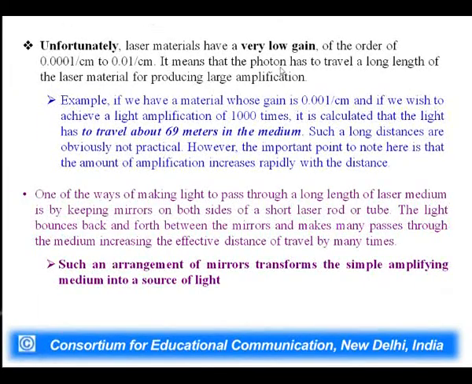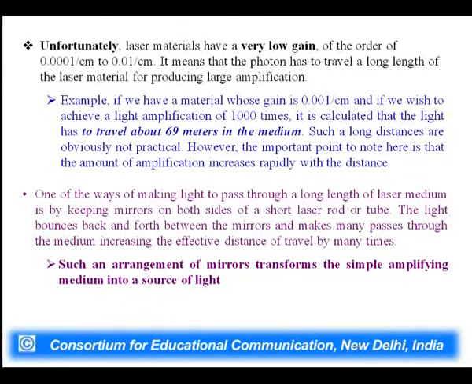Unfortunately, laser materials have a very low gain, of the order of 0.0001 per centimeter to 0.001 per centimeter. It means that the photon has to travel a long length of the laser material for producing the laser amplification.